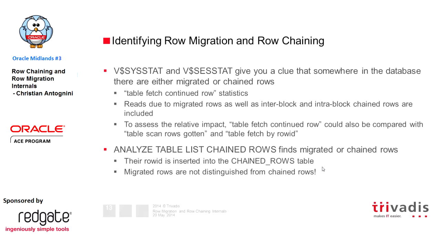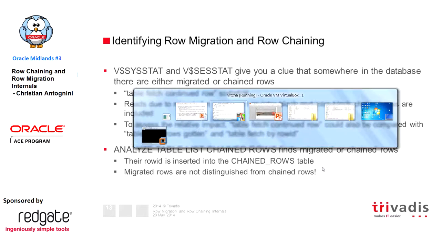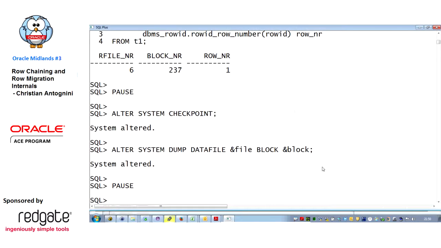This statistic is incremented when you follow one of these pointers that we have seen before. Every time you follow one of those pointers, it increments this statistic by one. So here they are counted for both migrated and chained. So you know you have something, but you don't know what kind you are talking about.